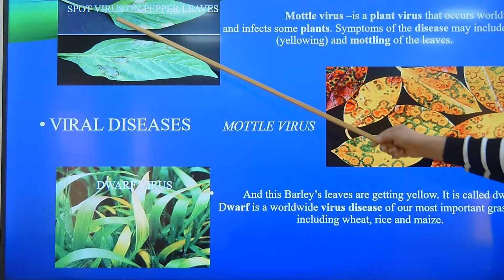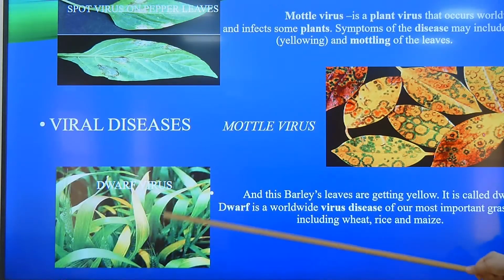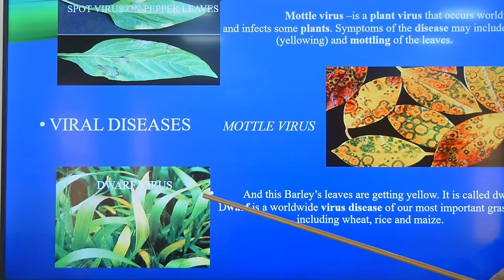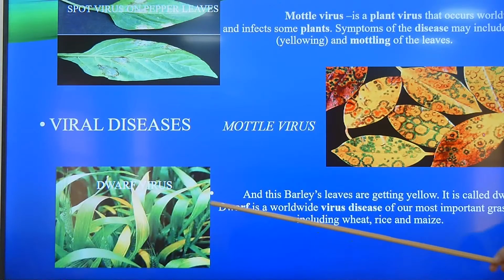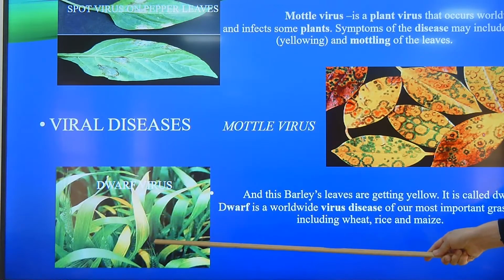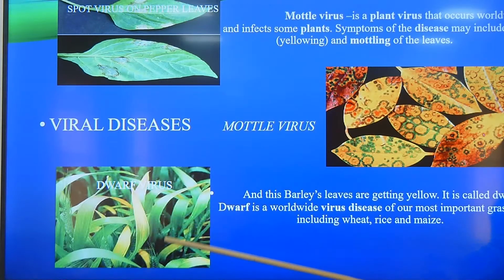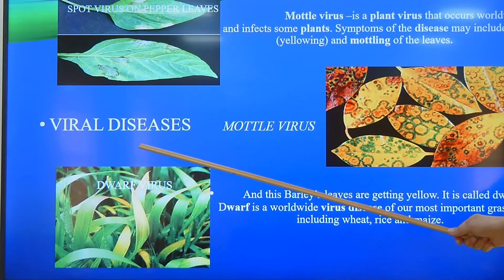Here you can see spot virus on pepper leaves. The last one, dwarf virus, and these berry leaves are getting yellow here. It's called dwarf. Dwarf is a worldwide virus disease of our most important grasses, including wheat, rice, and maize.